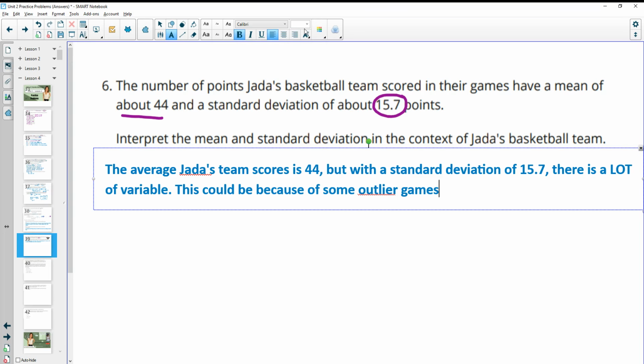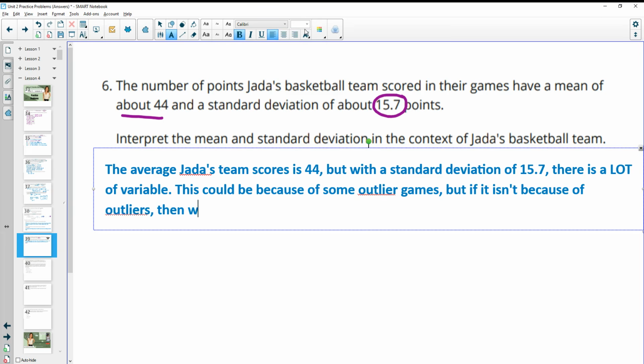So this could be because of some outliers, but even if it isn't because of outliers, then we would expect most of the scores to be within that 1 standard deviation.